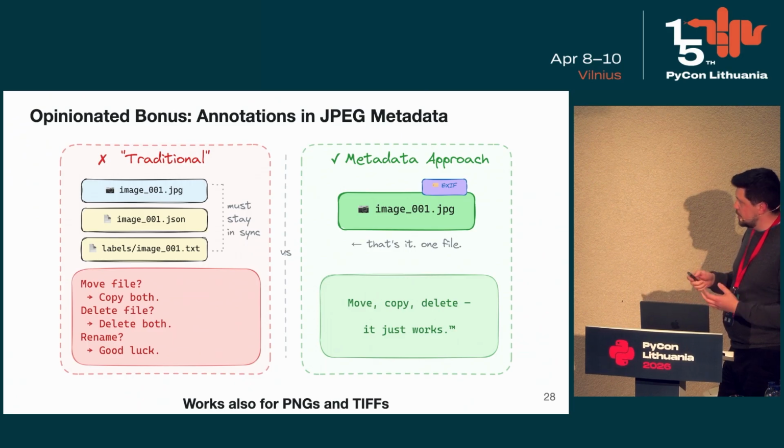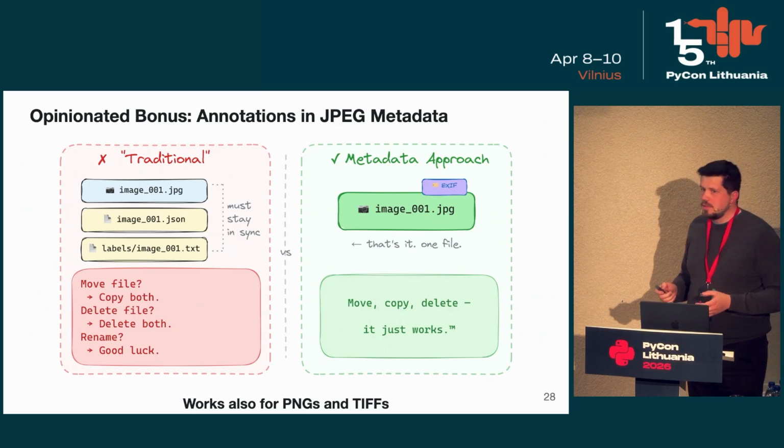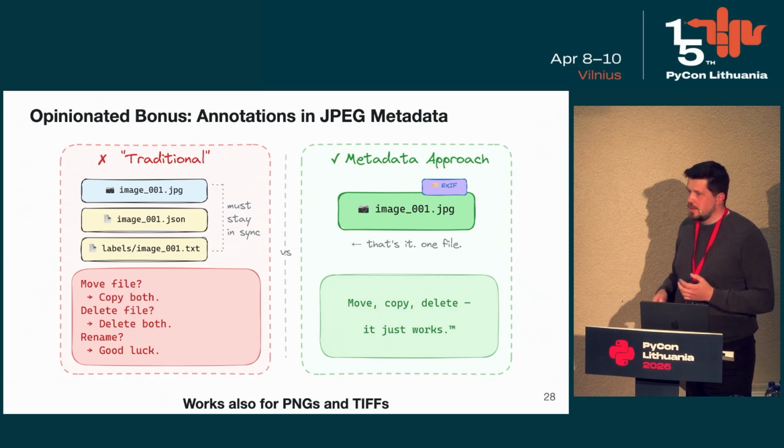We have to write a script or use some UI tool and move it, but there can be a lot of different errors, like orphaned annotations when you moved a file and forgot to remove the annotation, or even worse, when you have an annotation named for the file, but it's the wrong file. These are especially hard to spot.